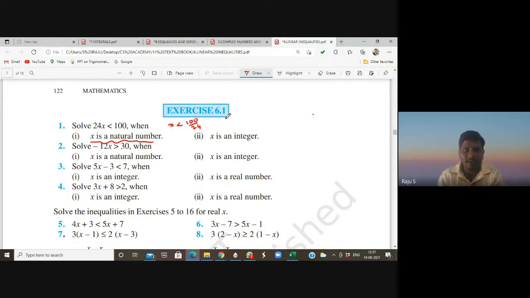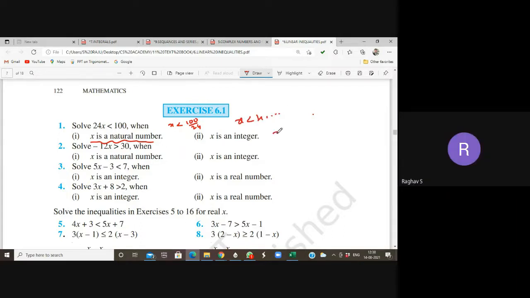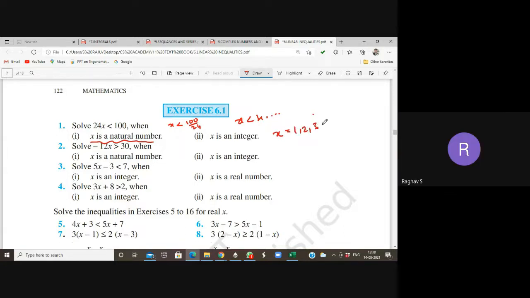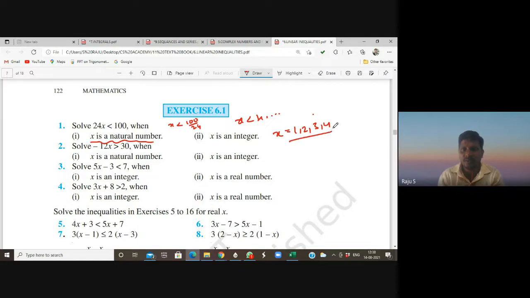So what about here? X is lesser than 4. What are the only x values then? 1, 2, 3. Is 4 also possible? We can consider 4 also. So this is the answer for the first subdivision.